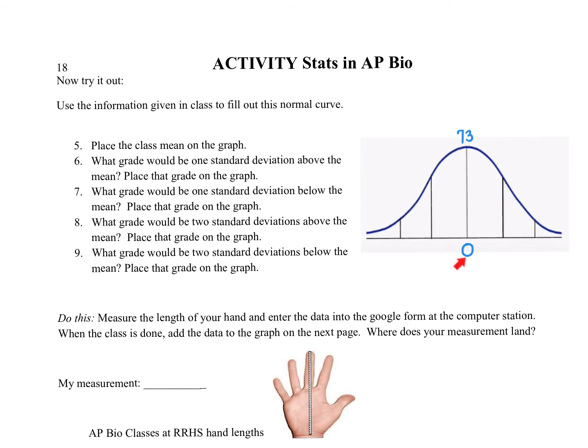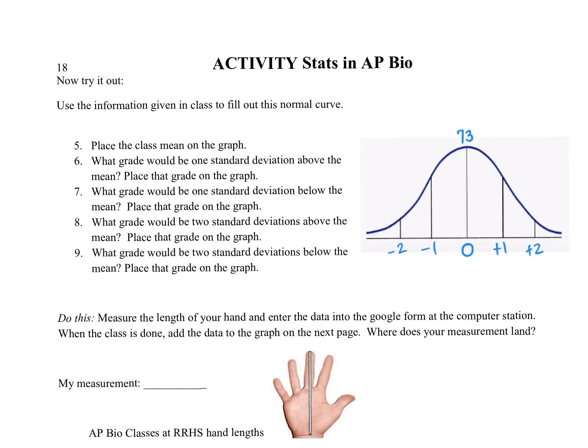From the mean, if we go one standard deviation above the mean, we would write it as +1. And if we go one standard deviation below the mean, we would write it as -1. We can also go 2 standard deviations above the mean, as well as 2 standard deviations below the mean.